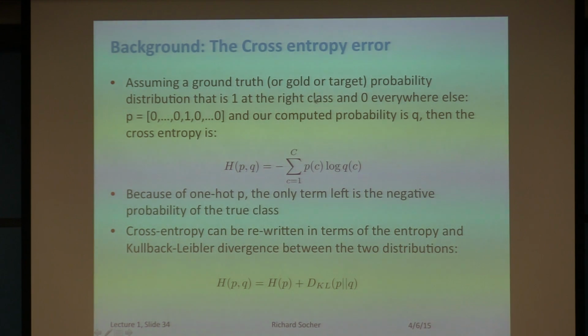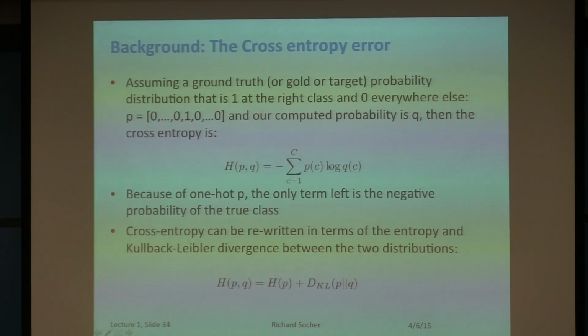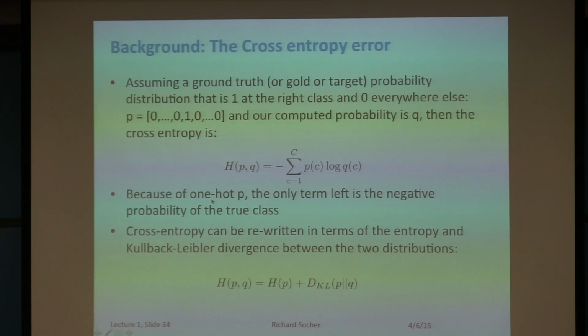Then we can define the cross entropy error as the negation of the sum over all the classes of p of c times the log of q of c, where q we computed with the softmax function. It's a little bit of a switch of notation here. Usually we describe p of y given x as p, but now since we have two, q will be the one we get from our softmax, and p is the ground truth probability distribution.